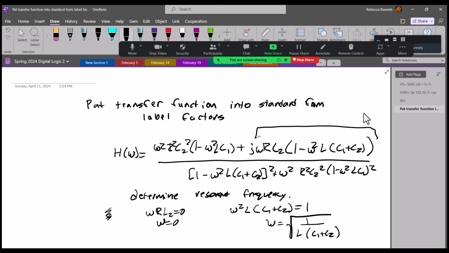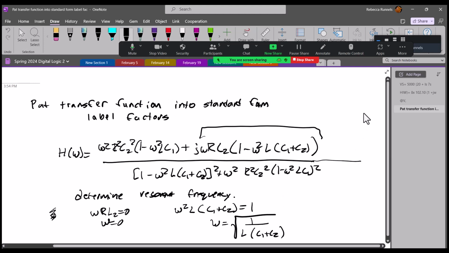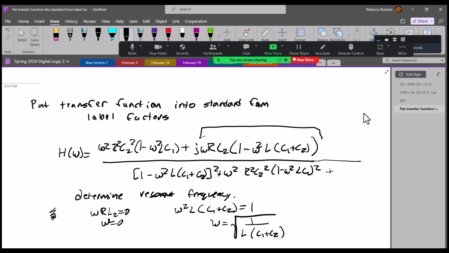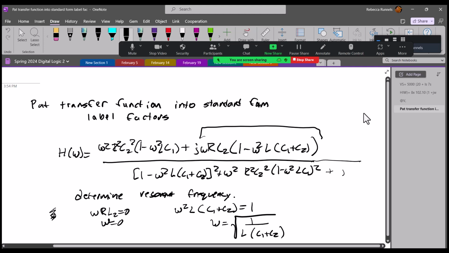So you don't even need to multiply by the conjugate? No, because he was nice. He gave it to you already. There's nothing imaginary in the denominator. But if there was, I could easily see this and then have it being plus, let's say plus j omega.